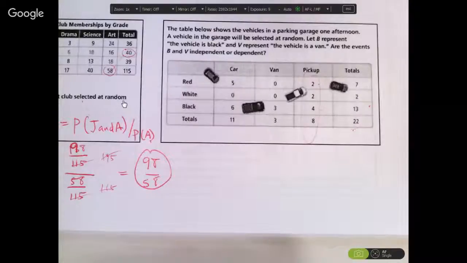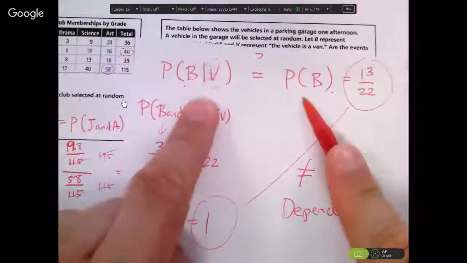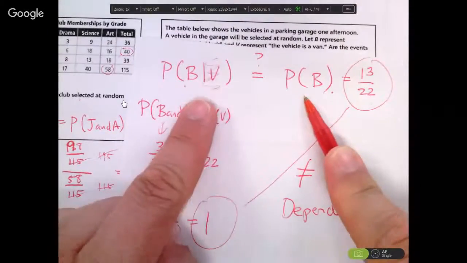So if I change this to 2, I bet when we do this test, it's going to be independent, because it doesn't matter what pickup you get, you're going to get a different color. The color is not going to be affected by the car. So to get independent, you have to have all the numbers the same. And this is how we prove whether it's independent or dependent, simply by doing this.